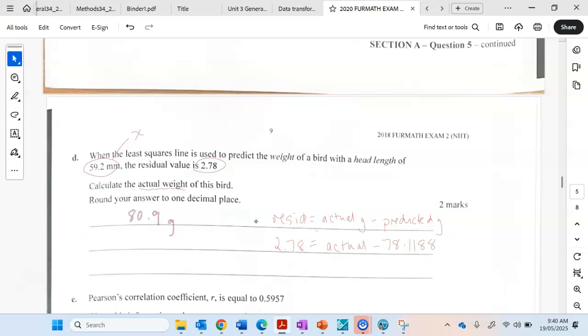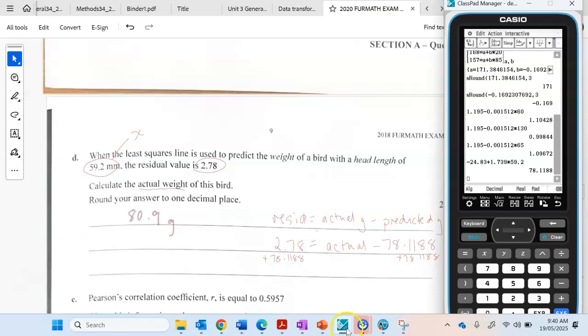Now this could be a show that question as well, so you need to actually have this equation and then the substitution of the values. It's just a linear equation like you would have done since year 7, so we're subtracting 78.118, so we've got to add that to both sides. You could do that if you were solving it by hand, but it's not a show that question, so we could just use solve on the calculator.